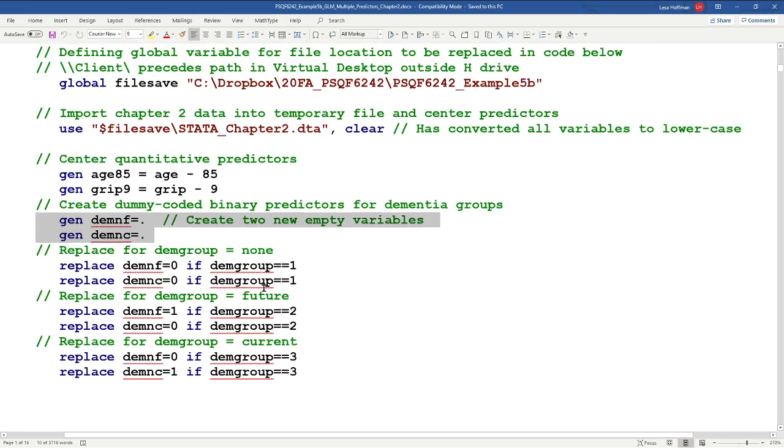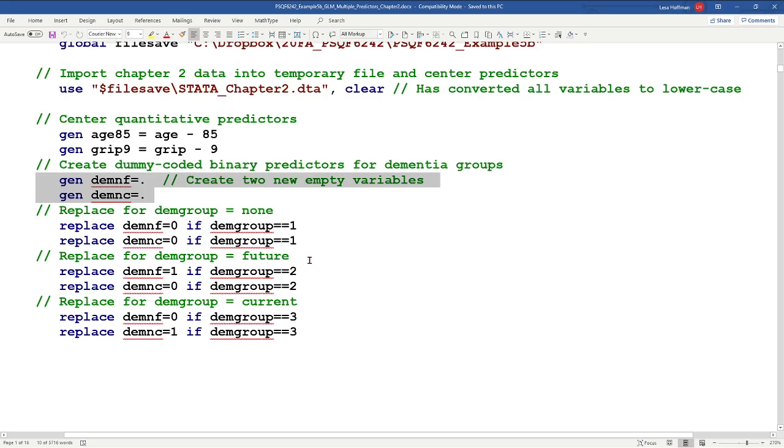And so then the code down here systematically replaces these 2 empty variables with zeros or ones based on them meeting the condition of which dem group is which. And note that when you assign zeros or ones, it's a single equals, whereas if you are asking it to evaluate whether a variable is equal to a particular value, an evaluation rather than an assignment, that's 2 equal signs.